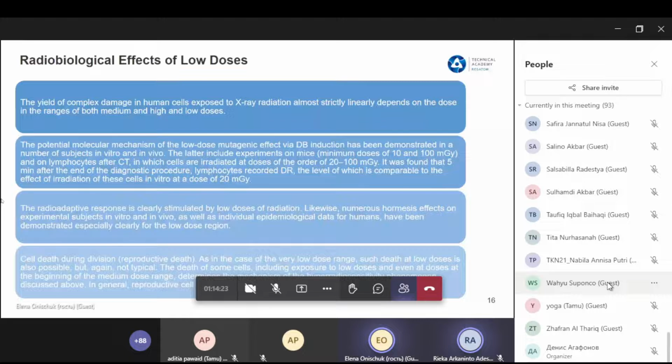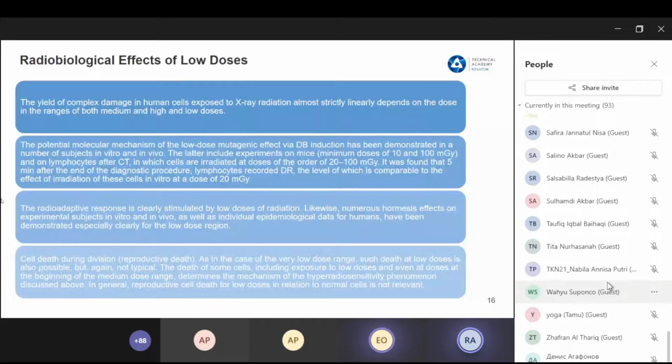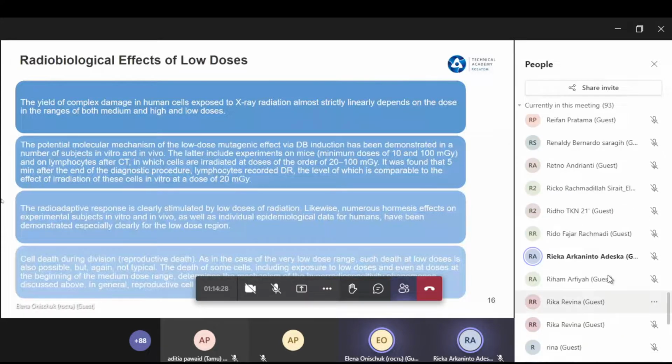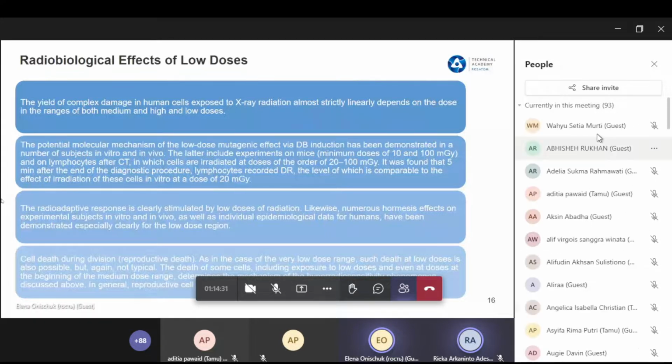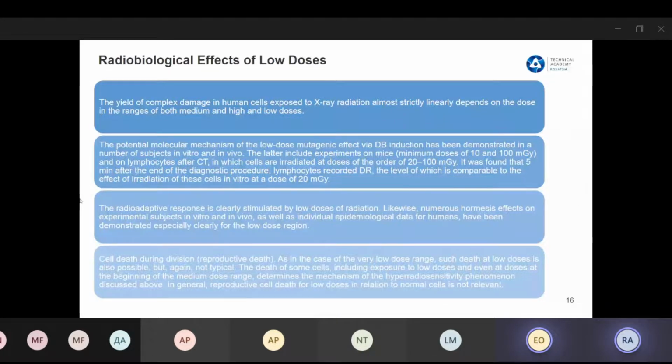DNA repair, hyperradiosensitivity, and induced radioresistance. For the range of low doses, in general, there are more reliable data on the induction of DNA repair than for very low doses.